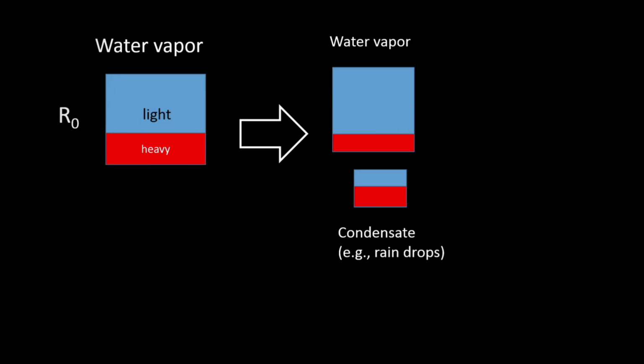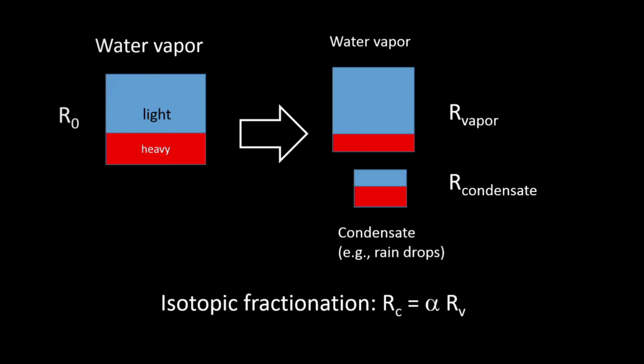Now, in terms of the isotopic fractionation, there will be an isotopic fractionation, leaving the isotope ratio of the vapor different from the isotope ratio of the condensate. In fact, the isotope ratio of the condensate will be slightly heavier by the fractionation factor, the equilibrium fractionation. So comparing these values to our original isotope ratio, R0, the vapor will be lower and the condensate will be higher.